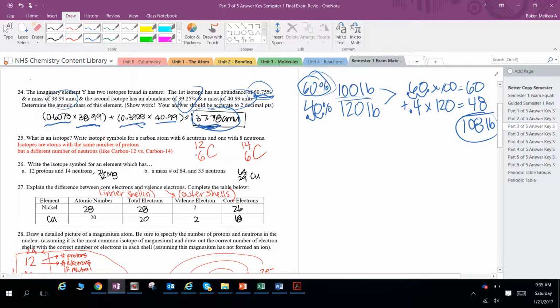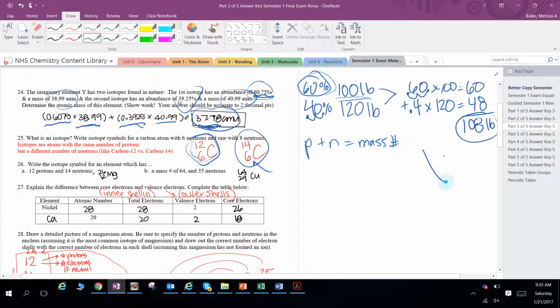What is an isotope? So remember that atoms can have different numbers of neutrons. If there's a carbon atom, it always has 6 protons. But it can have 2 extra neutrons. So for example, this carbon that I wrote here has a mass of 12 because the protons plus the neutrons make the mass number.